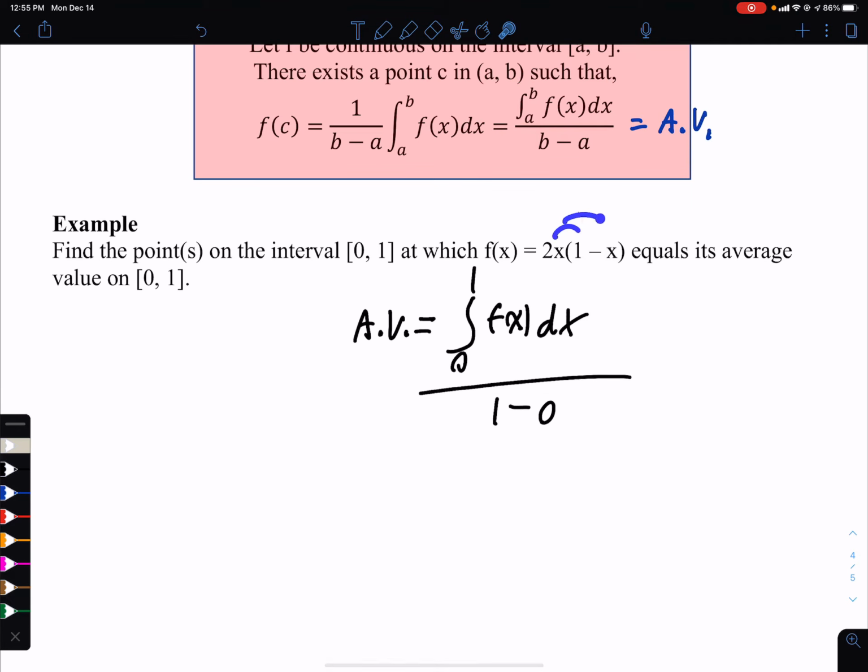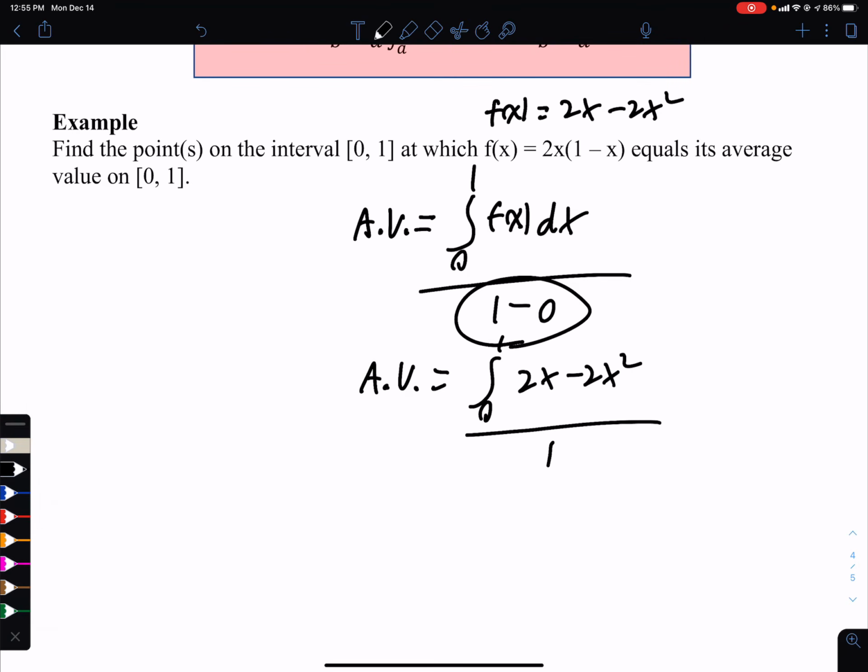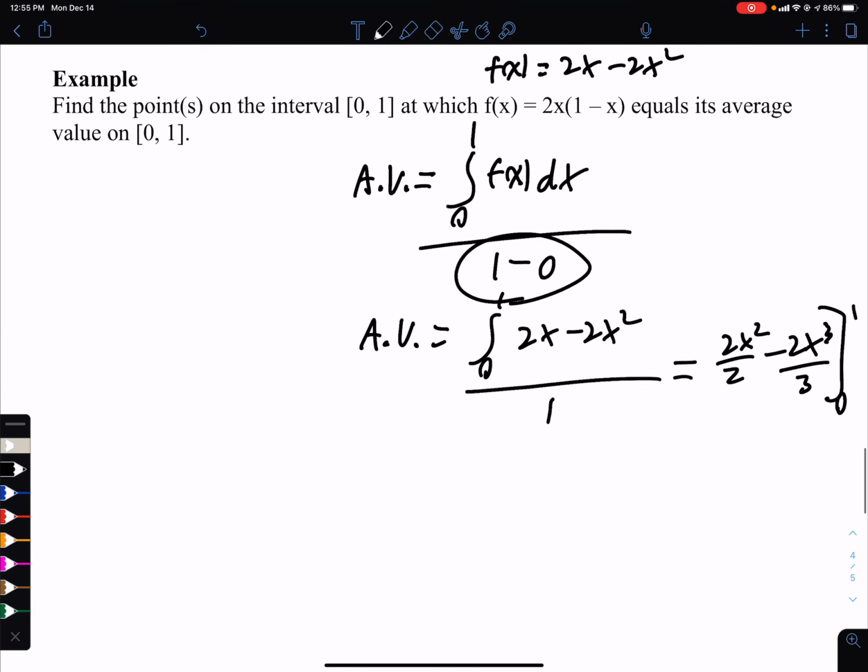I'm going to distribute this to get my f of x to be 2x minus 2x squared, and I will plug it into this formula. So the average value will be the integral from 0 to 1 of 2x minus 2x squared, all divided by 1, because that's just 1, which is 2x squared over 2 minus 2x cubed over 3 from 0 to 1.